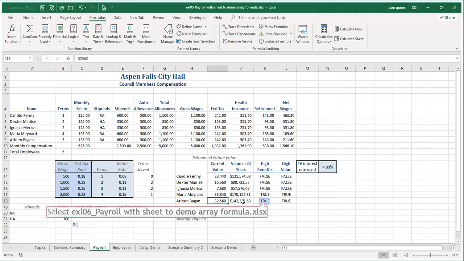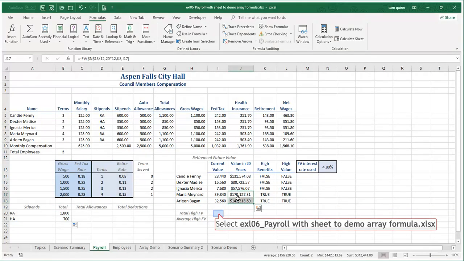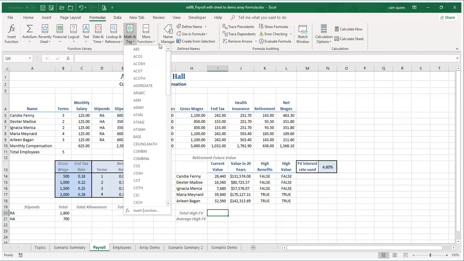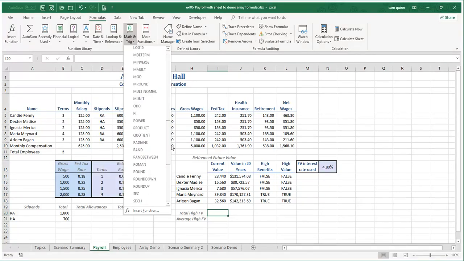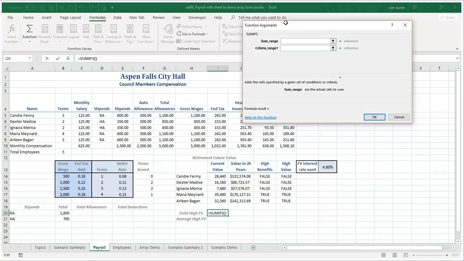Okay, so we're going to go back to Math and Trig. We're going to go down, find SUMIFS. So the difference on this function is when you did the SUMIF function, you did the range first, and then you did the criteria. In this one, we're going to do it different. We're going to actually add the value. So this is the sum range, right?